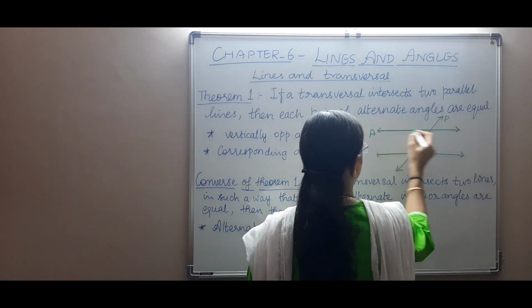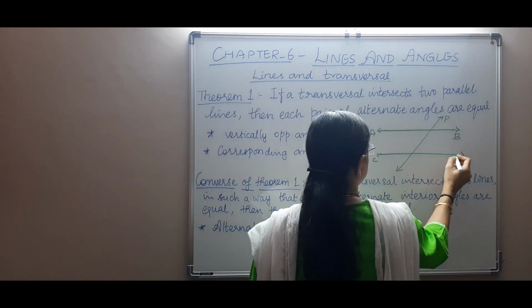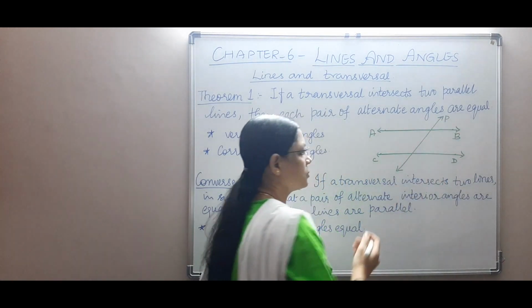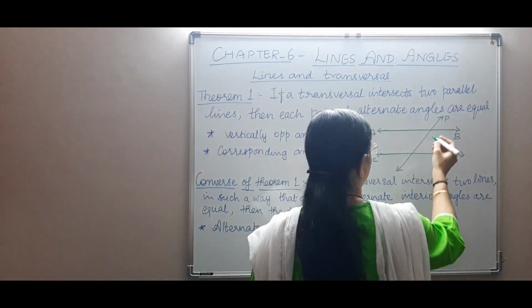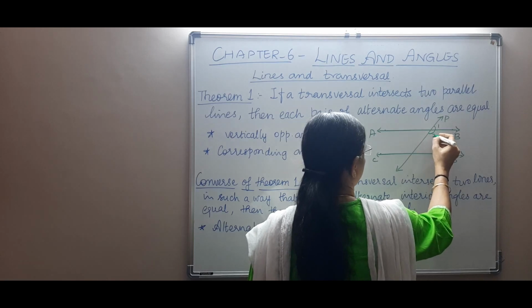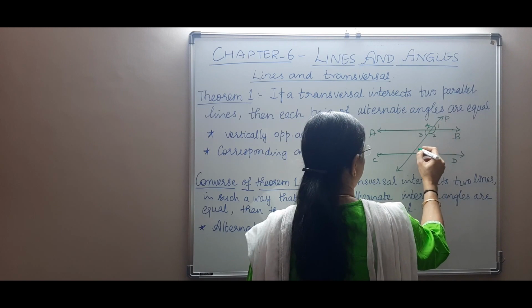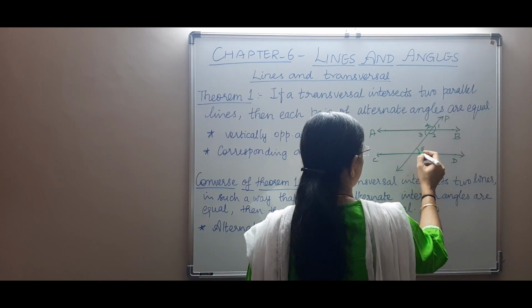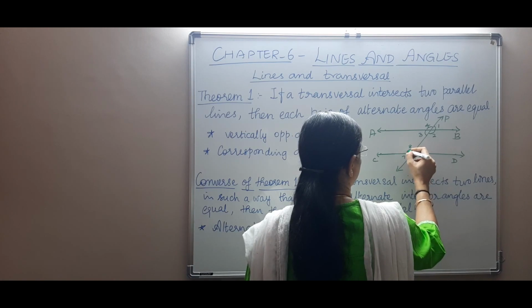These are two parallel lines. A, B, we have 2 points on it. CD is another parallel line. So a line that falls on the two parallel lines is called the transversal. Now I'll mark the angles formed by the transversal on the parallel lines. Okay, so let me do the counting clockwise.